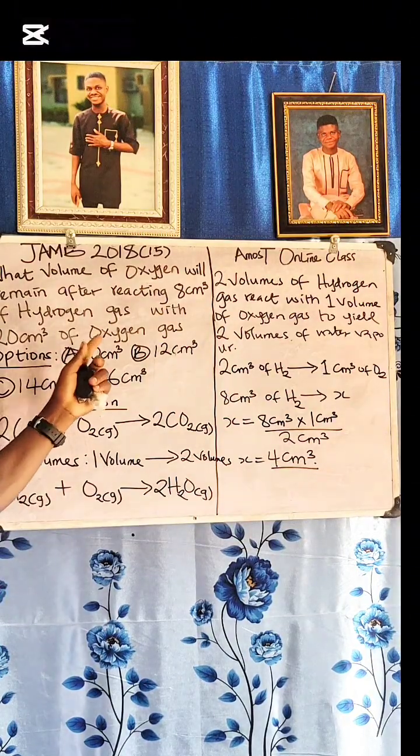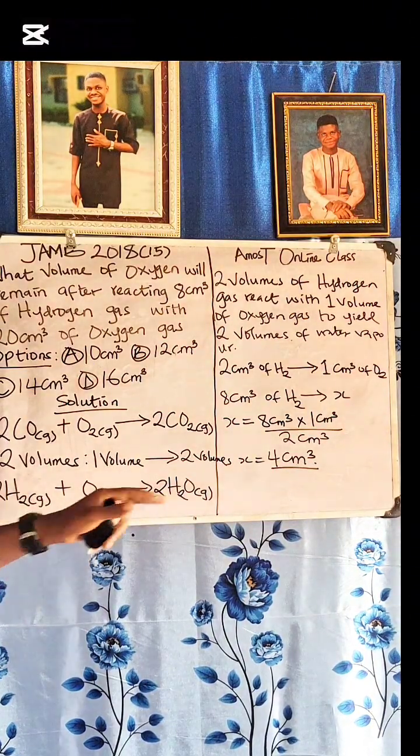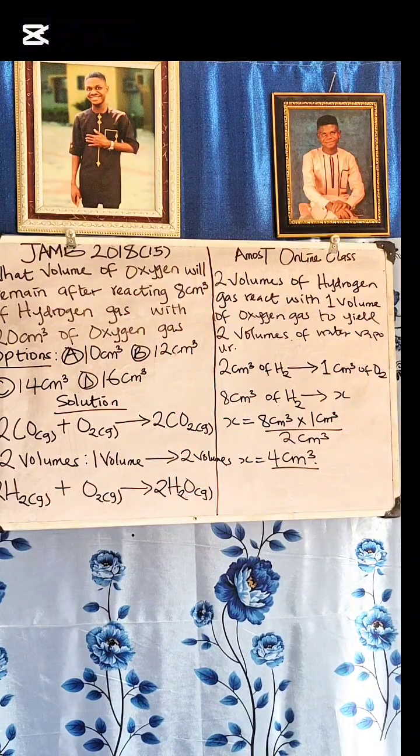Recall that the total volume of oxygen is equal to 20 cubic cm.